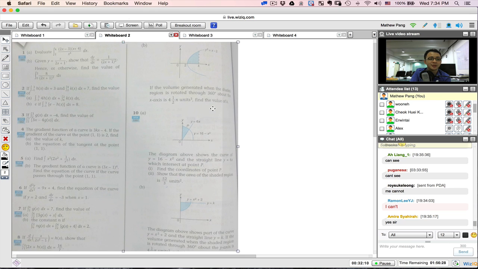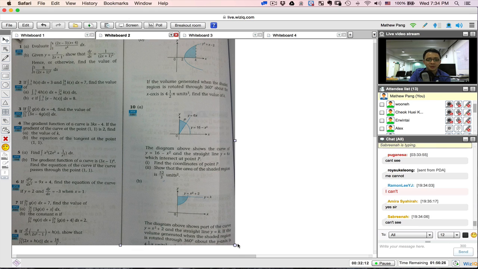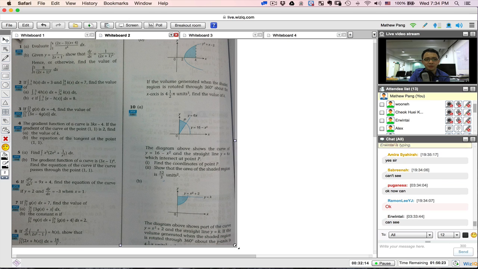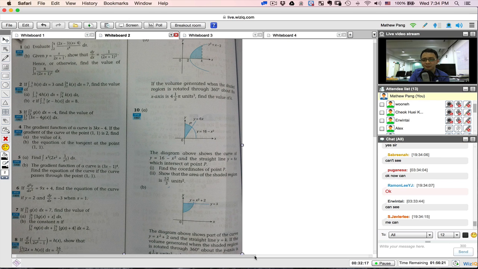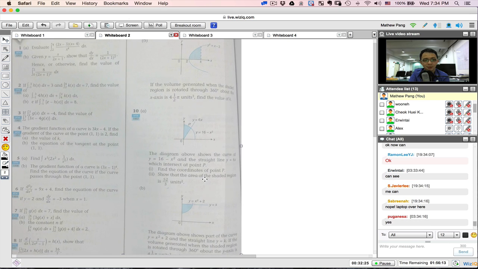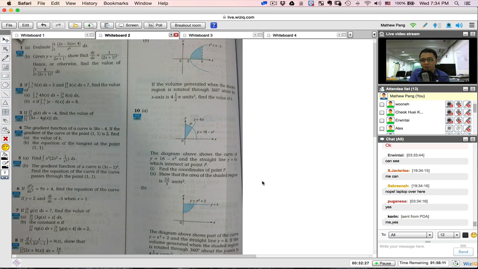Oh, seriously? Any one of you use a tablet or phone to enter this classroom? Can you see now? Yeah, I hope you can see. Yes, okay, good. Okay, let's have a look at question number 1. Alright, I try to write out the question just in case some students cannot see.